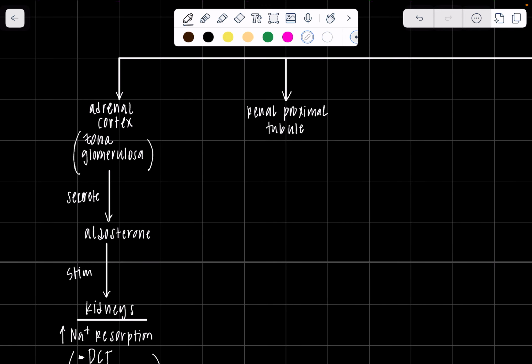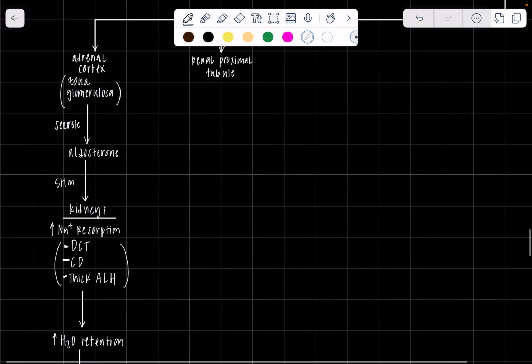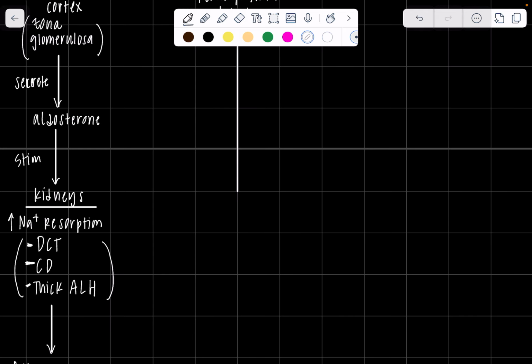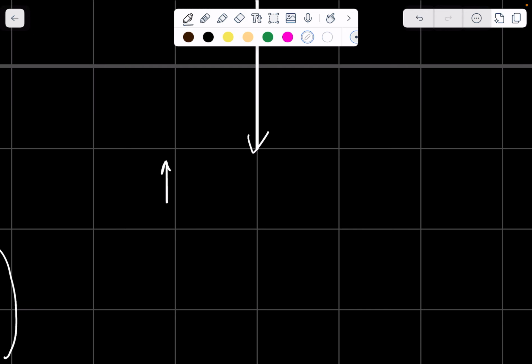This time, the angiotensin 2 is directly stimulating the renal proximal tubule, but it'll get it to do the same thing. It again will tell it to increase how much sodium it's absorbing in that specific area.